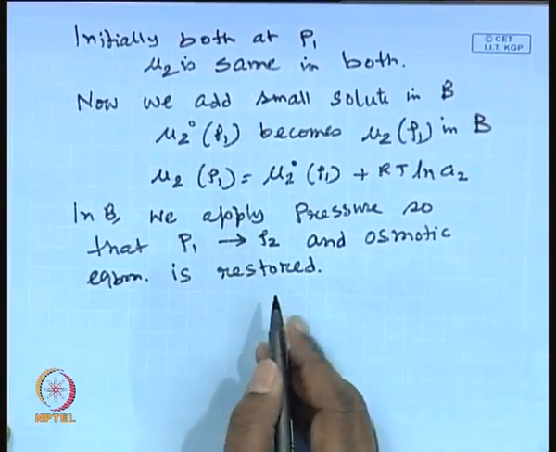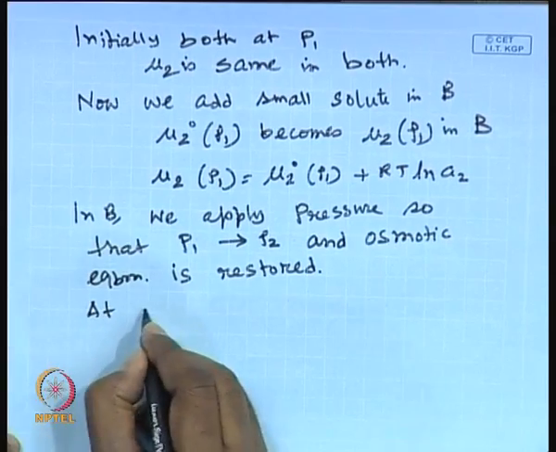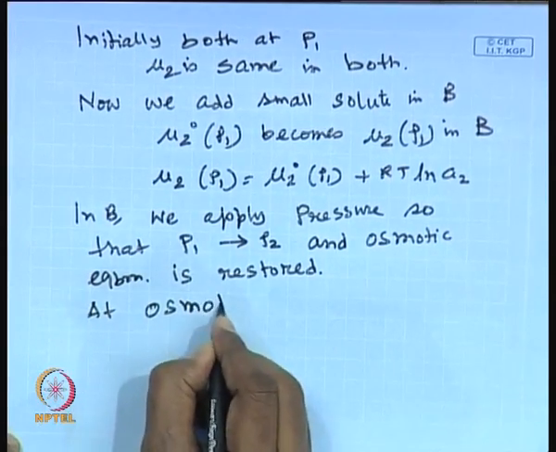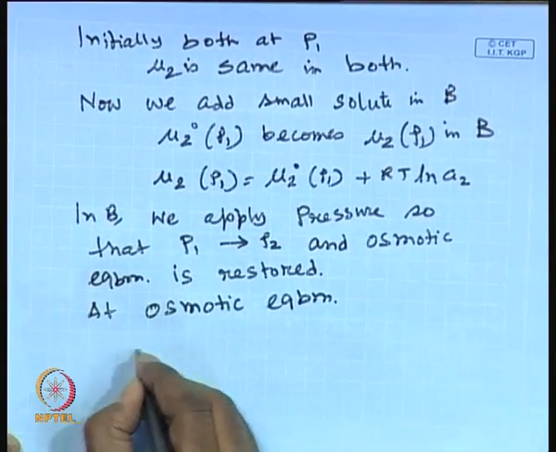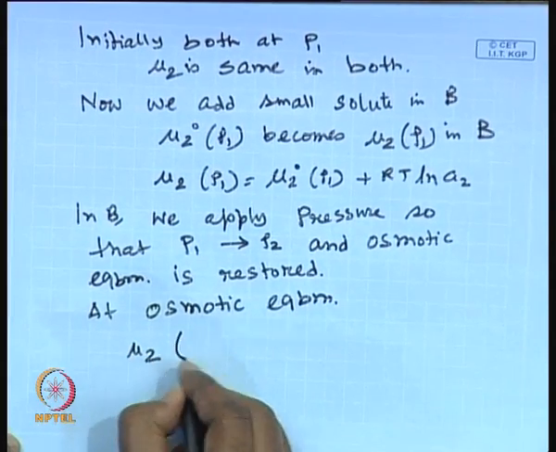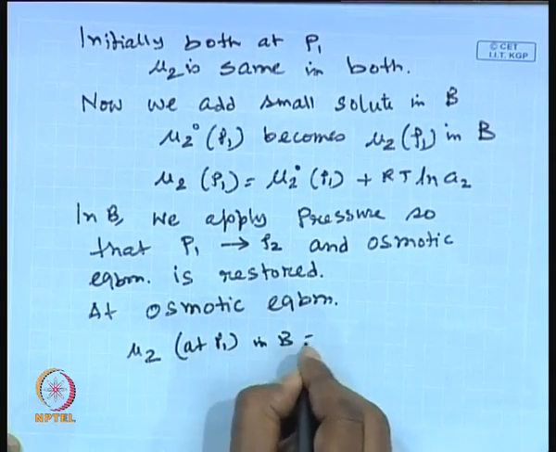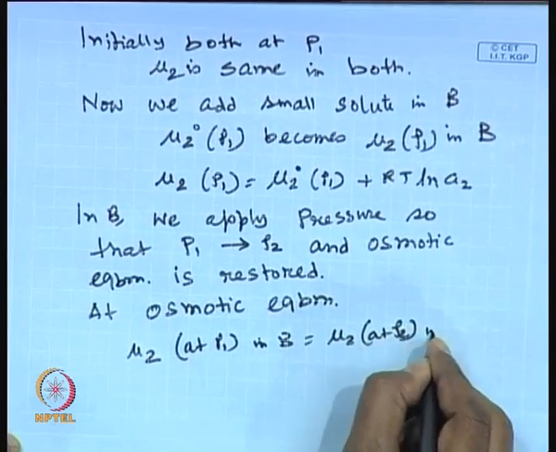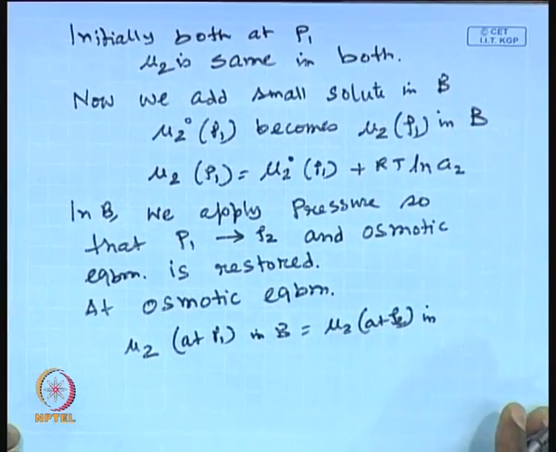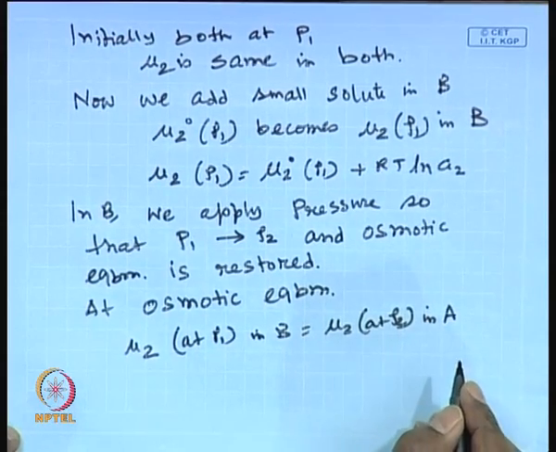Okay. So, therefore, at osmotic equilibrium you can write mu 2 at P1 in B is equal to mu 2 at P2 in A. Okay.